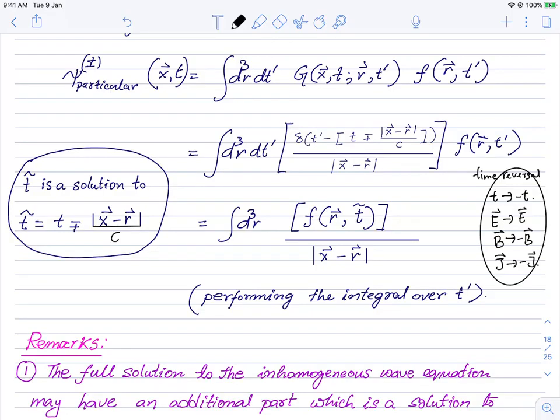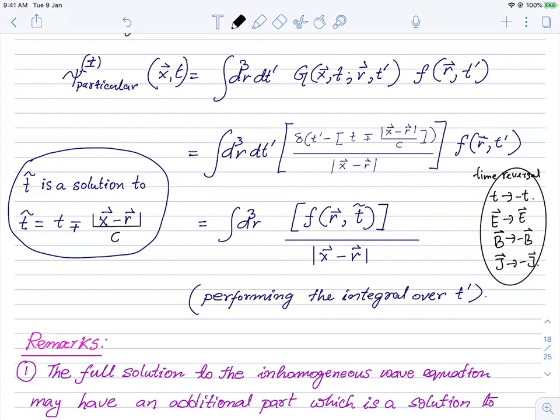In some sense, the initial conditions were used to pick one of these solutions. The bottom line is there's a way to keep both the advanced and retarded solutions and still get causal results by setting the appropriate initial condition. This was the idea of Feynman and Wheeler.